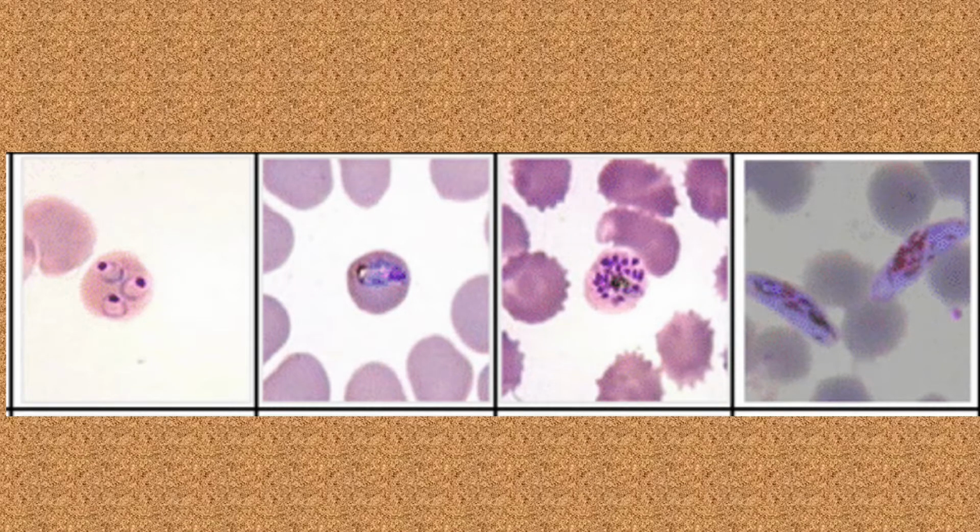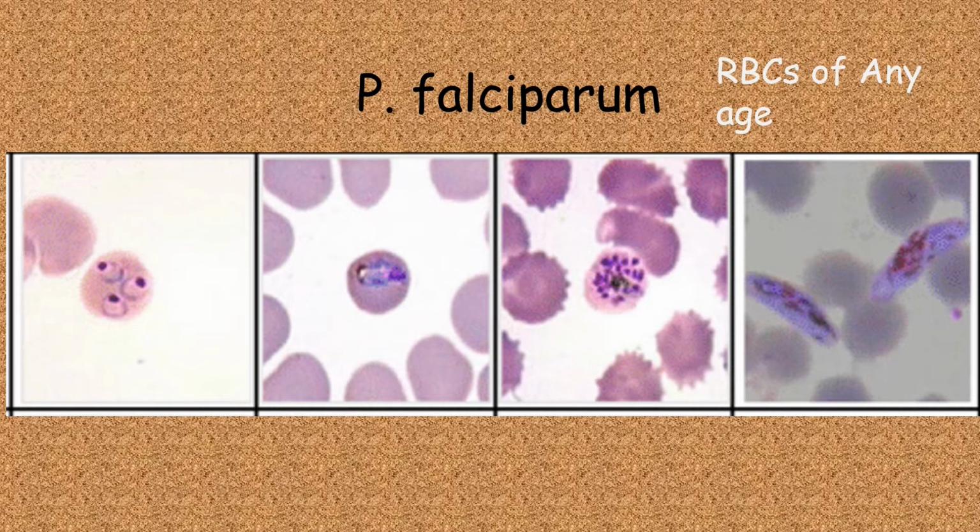Now let us take a quick peek into the Giemsa stain blood picture of these parasites. The thin smear is useful for identifying the malaria species and identifying the percentage of red blood cells infected. This is the blood picture in case of falciparum infection, which infects red blood cells of any age. Multiple infection in the single red blood cell can be seen here. First comes the ring stage.